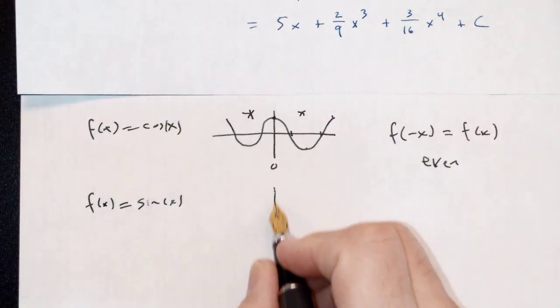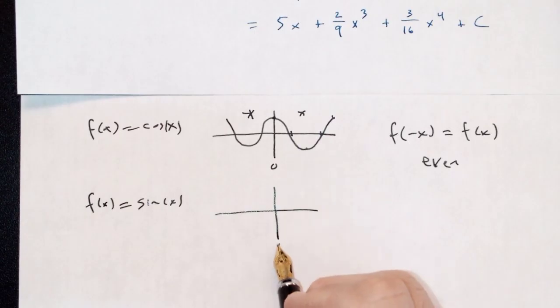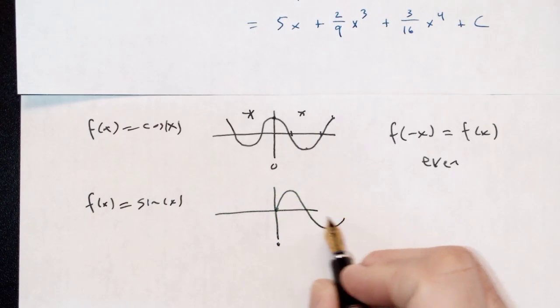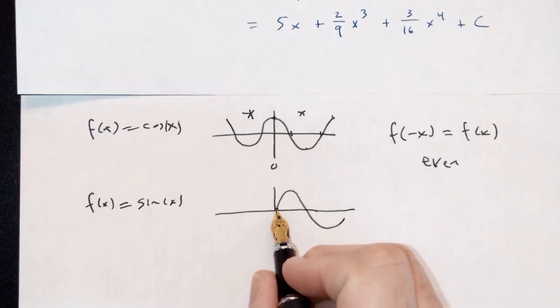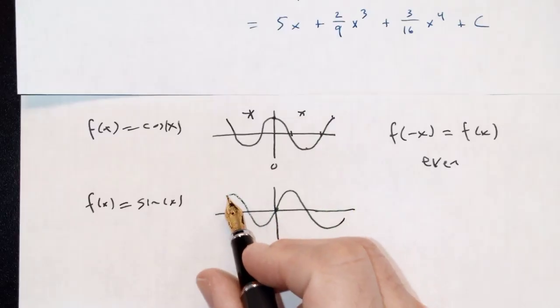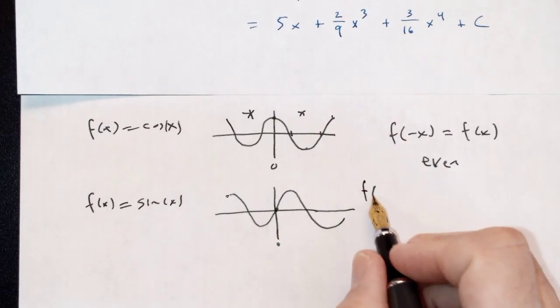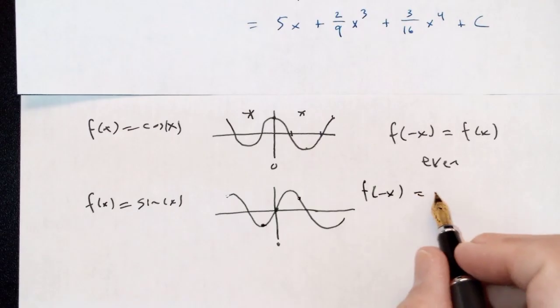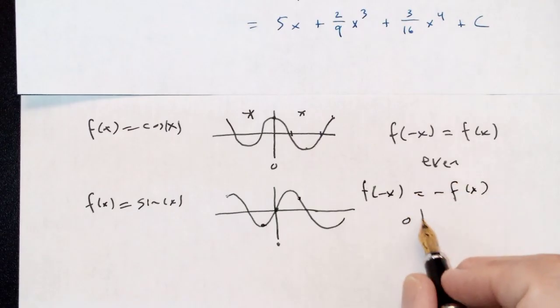Because sine of 0 is 0, and the graph goes up and then down on the right. But if I start from the center, oh, f of minus x is the opposite of f of x. This function is odd.